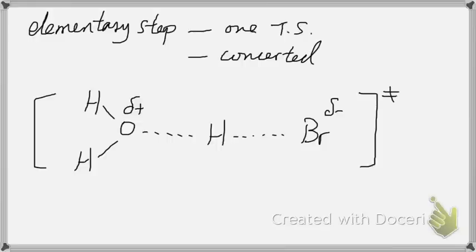And for transition state, typically we put it in a square bracket and put this little sign, an unequal sign, on the top right corner to show that this structure is a transition state. Okay, so basically when we are talking about one elementary step, there is only one transition state and there is only one hill in the energy diagram.